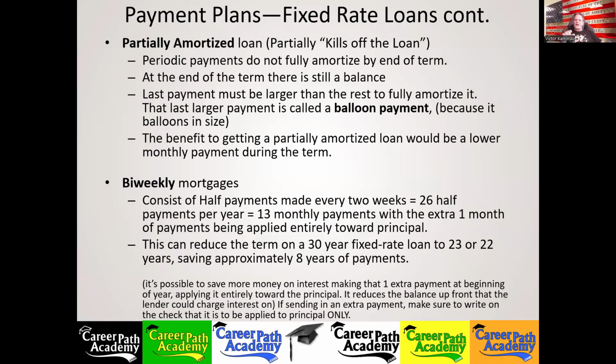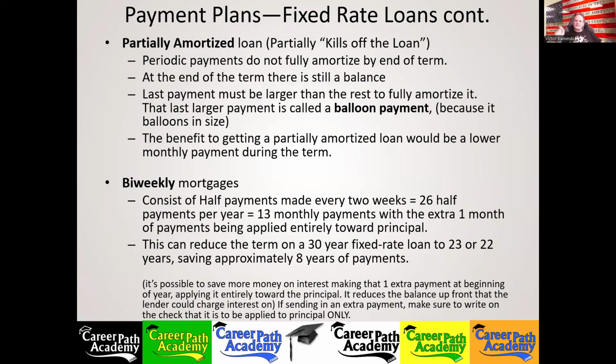Doing half payments every 2 weeks, the lender will make that payment for you. That one extra payment gets applied entirely towards the principal, not the interest. So if you make one extra mortgage payment a year and you apply it entirely towards the principal, you can reduce the term on a 30-year fixed rate loan down to 23 or 22 years.